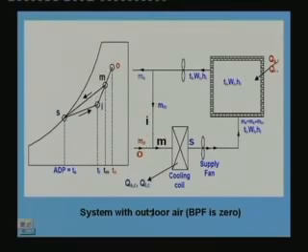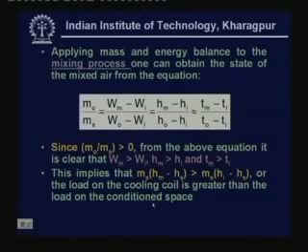From mass and energy balance across the point, you can easily show that the ratio of outdoor air divided by the supply air, that is MO divided by MS, is equal to Wm minus Wi by Wo minus Wi, where Wm is the humidity ratio of the mixed air, Wi is the humidity ratio of the conditioned space, and Wo is the humidity ratio of the outdoor air.